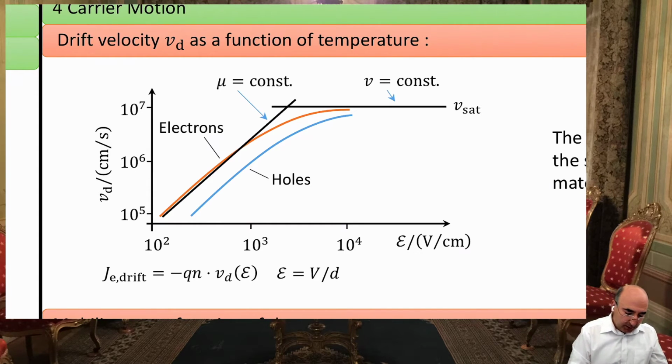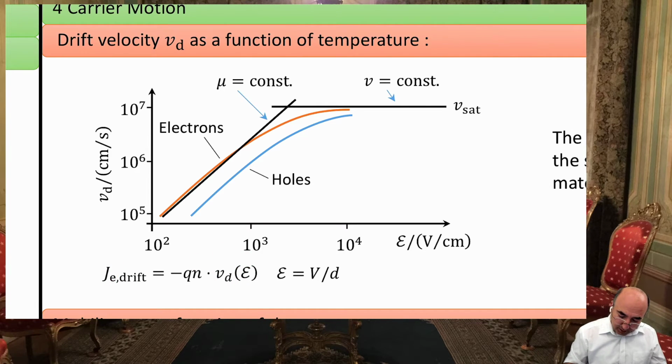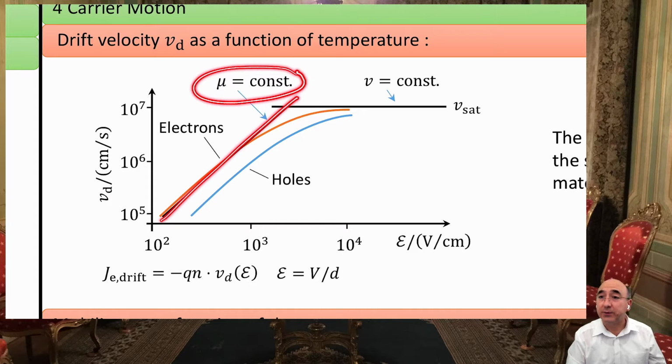In our case, what is the current? It is a function of the number of electrons and the speed. If we increase the voltage, we increase the speed. Therefore, the electric field speed is a constant if the mobility is constant.